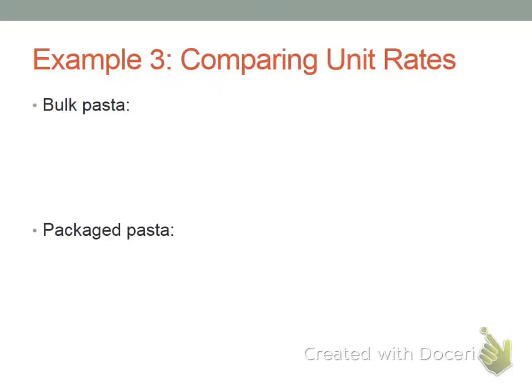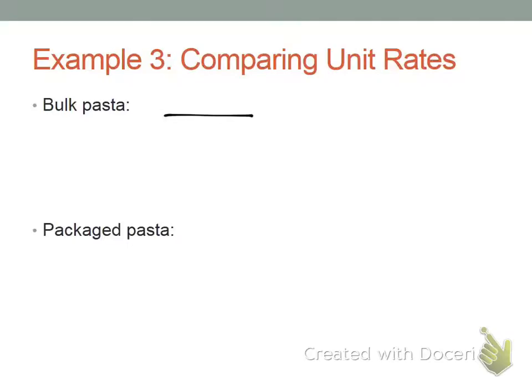So in this example, it's a pasta example. It says you can buy 10 pounds of pasta for $15, or you can buy 2 pounds of pasta for $3.98. Here's the most challenging part about this. Which unit are you solving for? What number goes in the denominator?